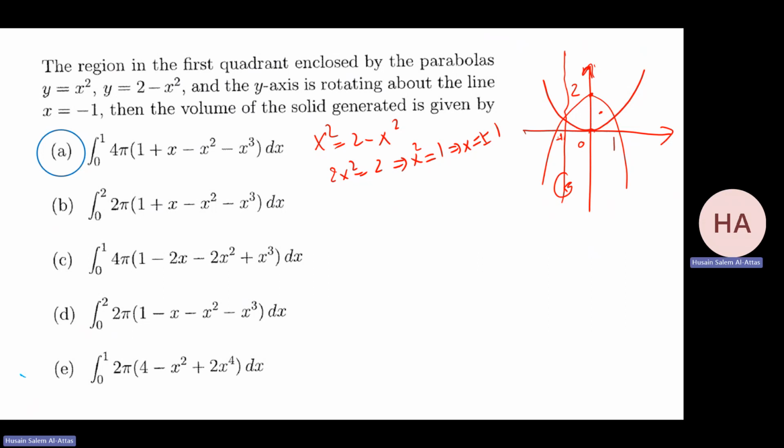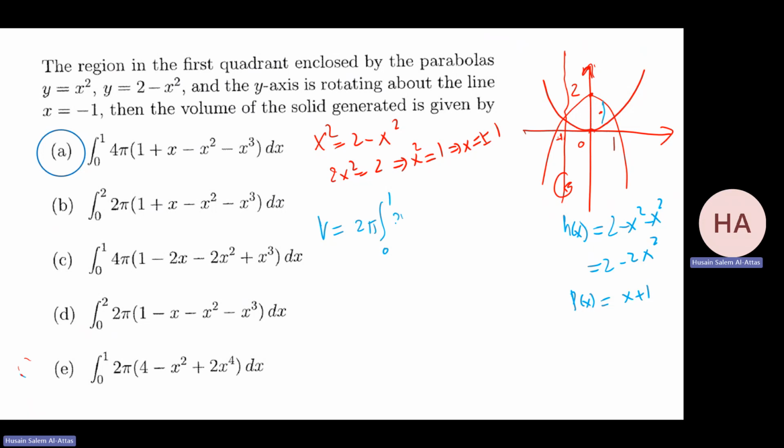So I need the strip. This is the strip. h of x, parallel to the axis of revolution, will be what? 2 minus x squared minus x squared, and that will be 2 minus 2x squared. And p of x will be x plus 1. So the volume will be 2 pi integral from 0 to 1 of this times this.